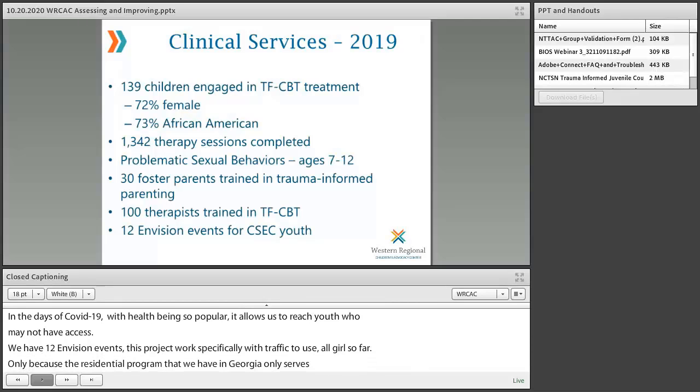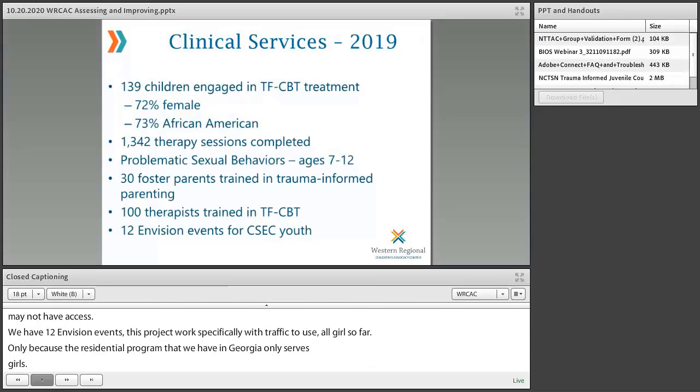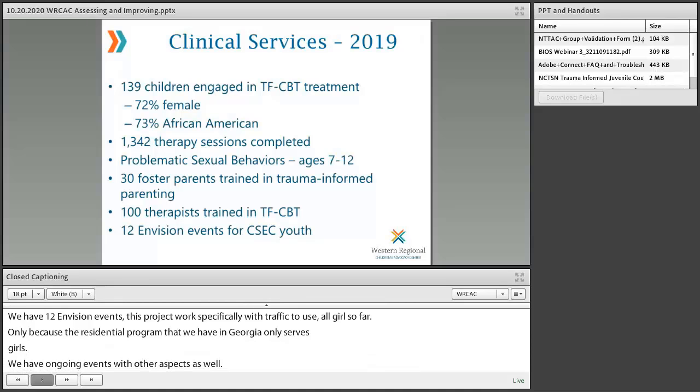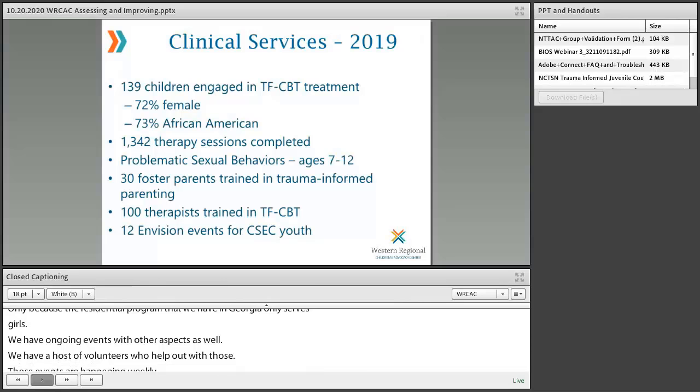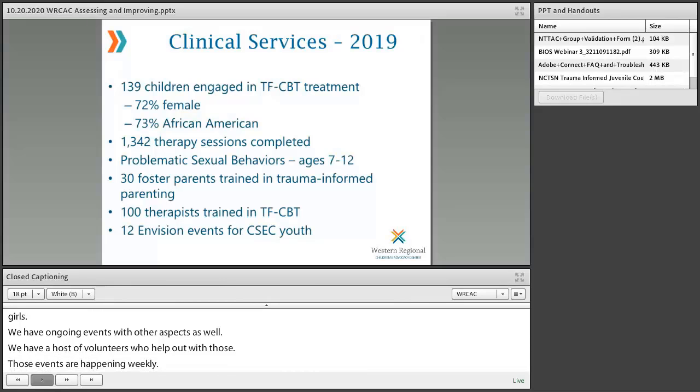There's also health and wellness, so there have been yoga events and cooking with the kids. And we have a host of volunteers that help out with those. Those events right now with COVID are happening weekly because we partner with several facilities around mostly Atlanta, but there are a few outside of the city of Atlanta. So that is another exciting thing that we're doing.